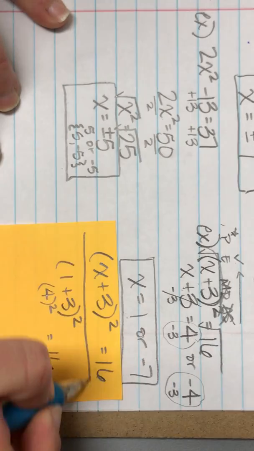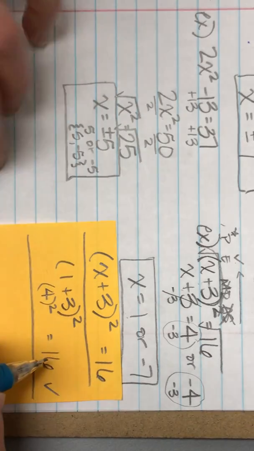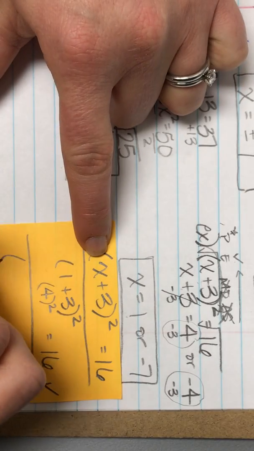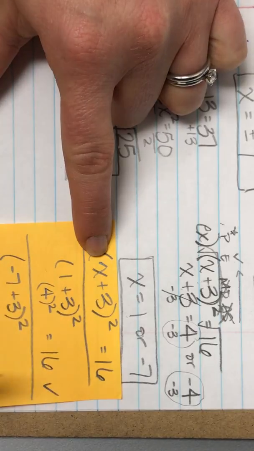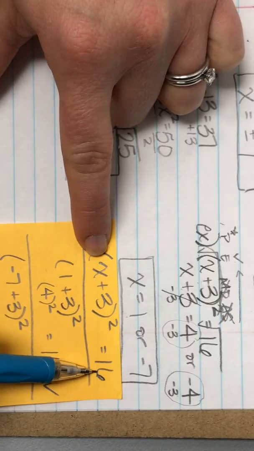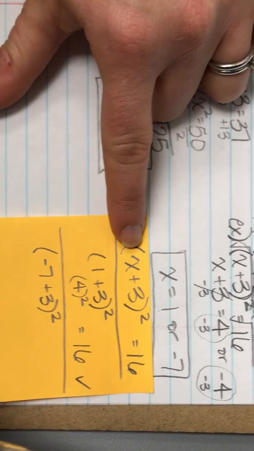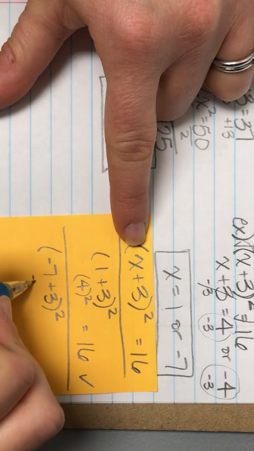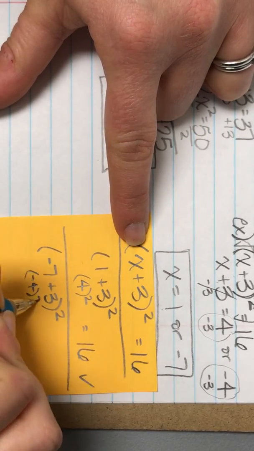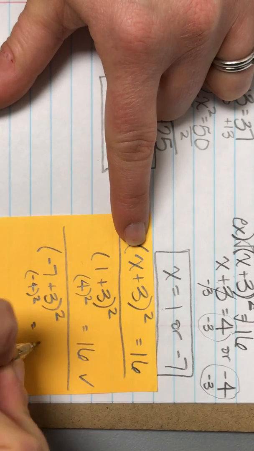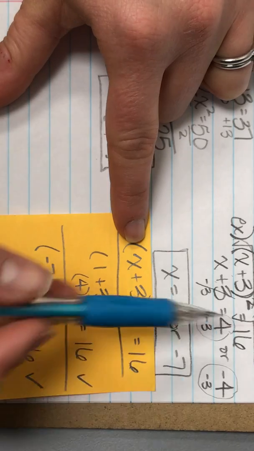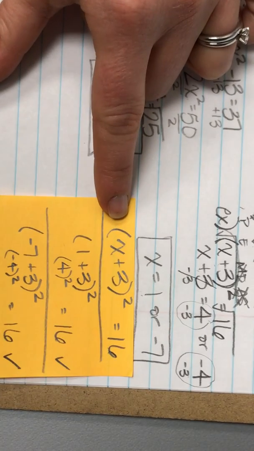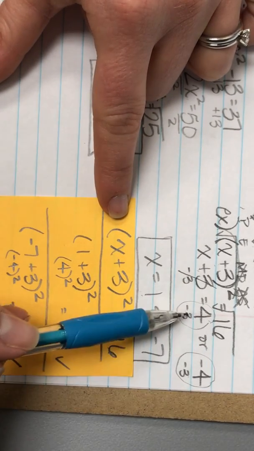Now, I'm going to use the negative 7. So I'm going to say, okay, negative 7 plus 3 squared, and I need this to equal 16, just like the 1 did. Well, negative 7 plus 3 is negative 4 squared, also equals 16.